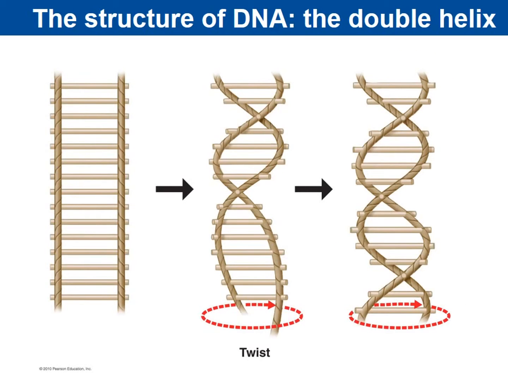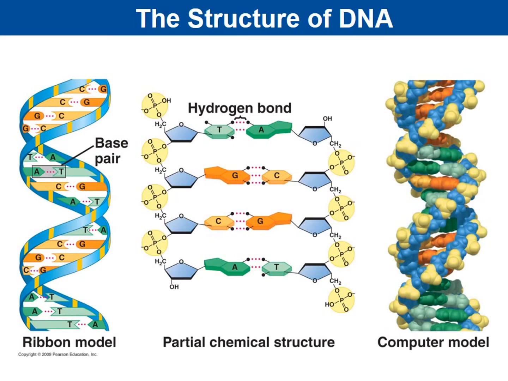And so this is just another image of the structure of DNA. Okay, again, remember I said it kind of resembles a ladder, except that this ladder is actually twisting, and that's what we call the double helix. This is just a couple diagrams of different structural models of DNA.